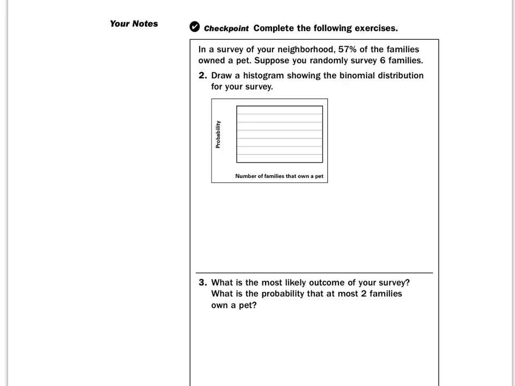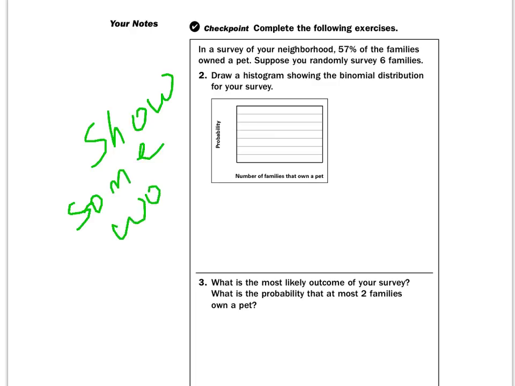Alright, on this next one here, I want you guys to practice doing this, and I want to see your work. Show some work on this one. I want to see what you got. You do the same kind of distribution. You're randomly doing 6 families, so you got 6 C, whatever the choice is. 57% owned a pet, so 0.57 is your success. 0.43 is your failure.